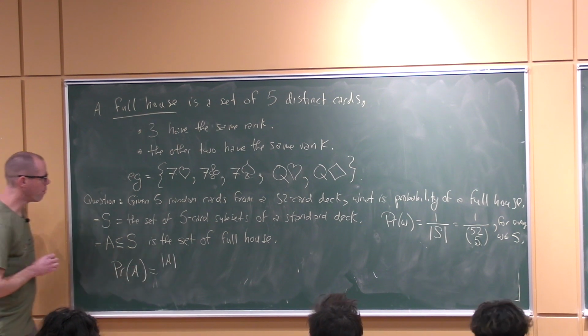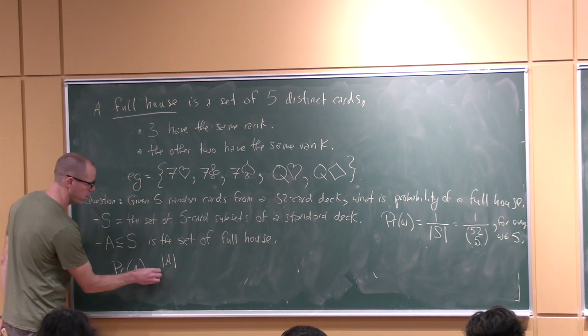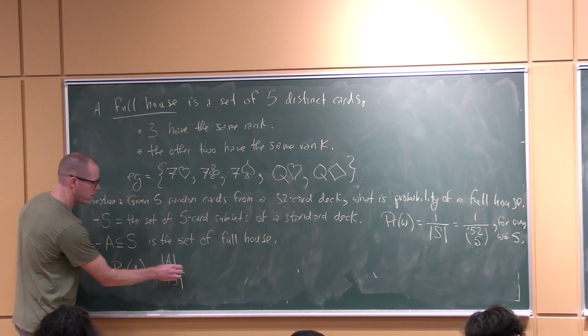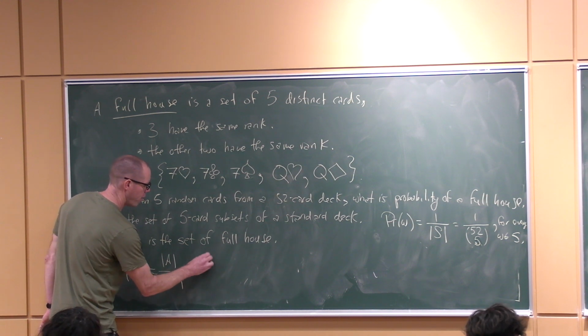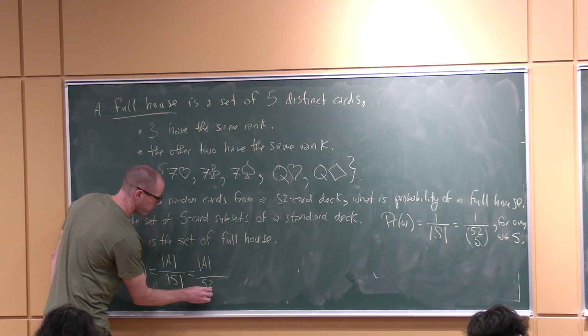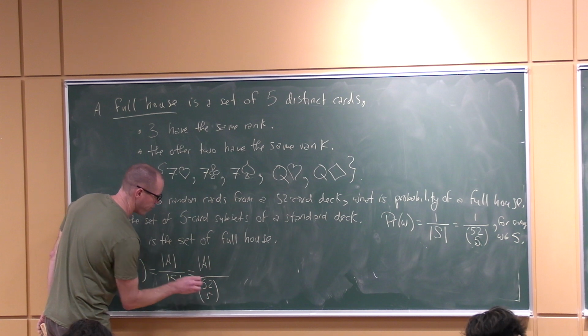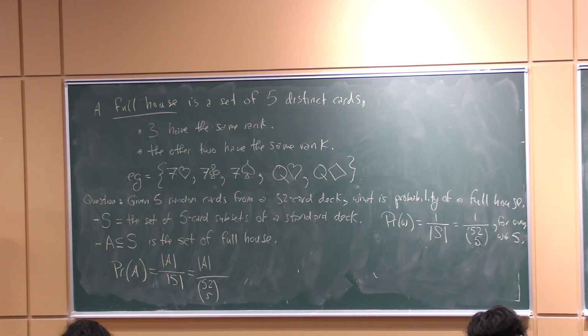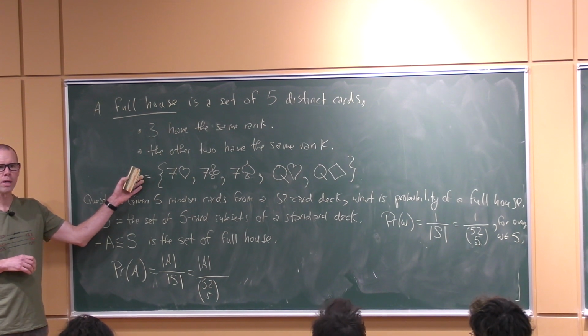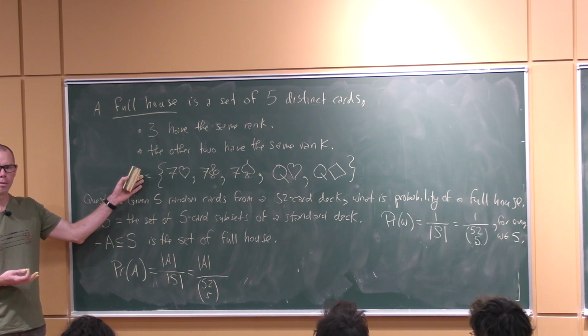So that's the number of full houses divided by the number of hands. So it's going to be the number of full houses divided by 52 choose 5. Now we leave the probability world and we're left with a counting problem, which is just counting how many full houses there are.